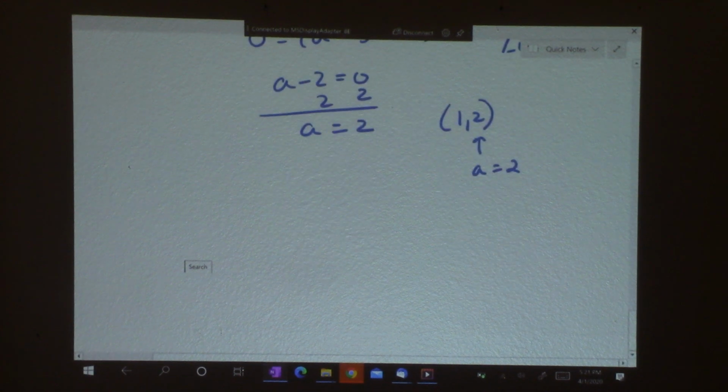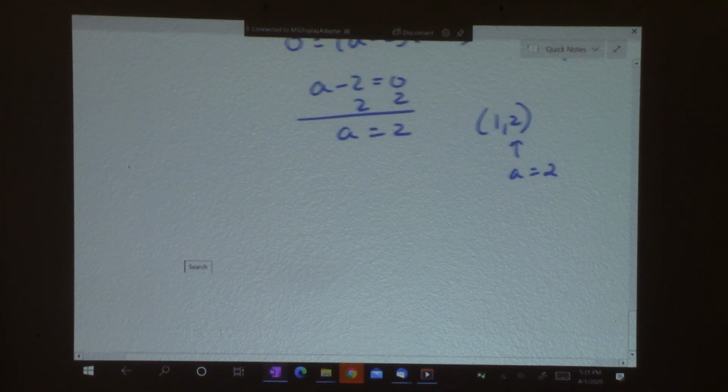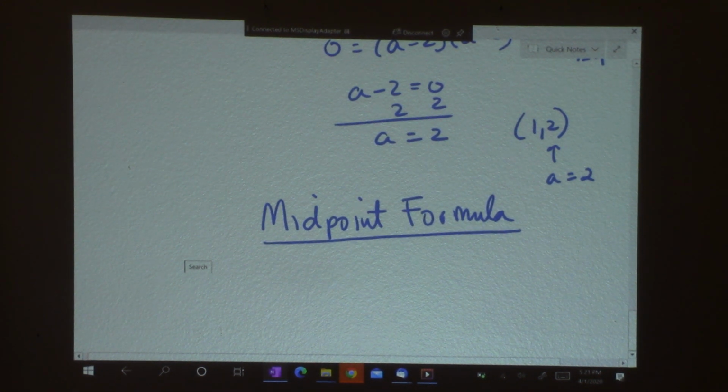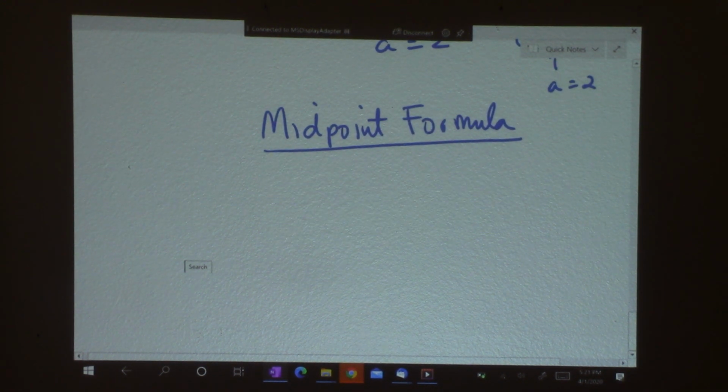And let's do the next part of our lesson. So I have the midpoint formula. Okay, when I want to find the midpoint, well, what's that? If I have a line, and here's A and here's B, and it's diagonal especially, that's hard to find.